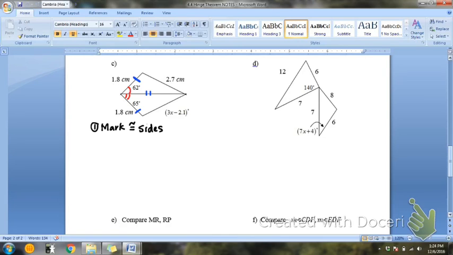So if we're trying to find a side, then we have to start by looking at the angles. So step number 2 is look at the angles this time. And I have an angle that's 62 and an angle that's 65. So the one that's smaller, I'm going to write first, 62 less than 65.